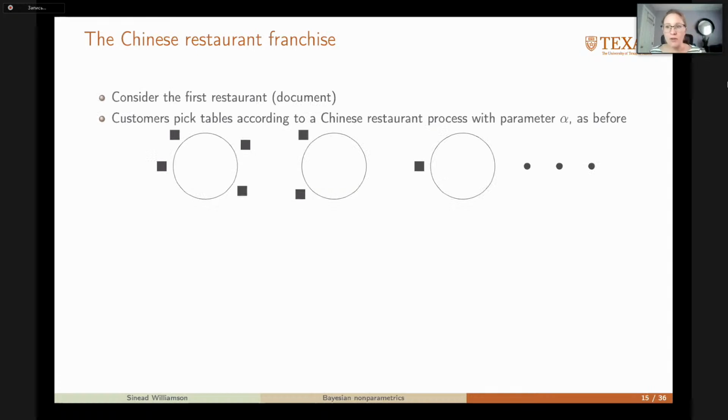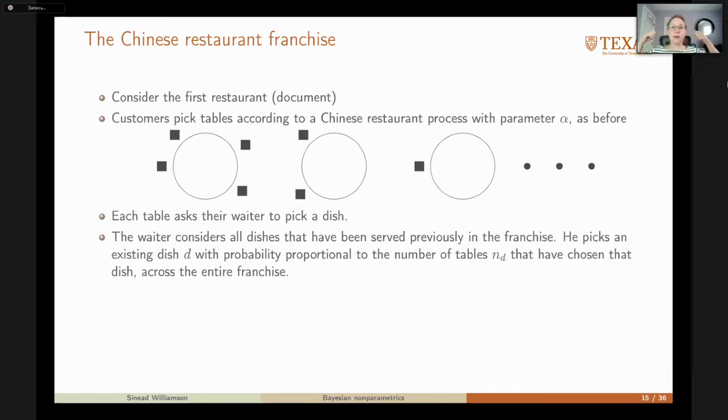So let's take a look at how this works. We have our first restaurant, which is our first document, and the customers have picked tables according to a Chinese restaurant process. And then, rather than sampling a dish from that continuous distribution, they're going to ask their waiter to pick them a dish. And the waiter is going to consider all dishes that have ever been served in that franchise. And he's going to pick a dish with probability proportional to how many times that dish has been served. Right?